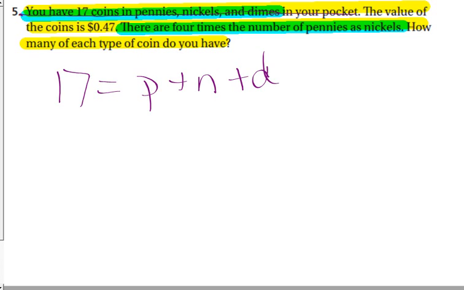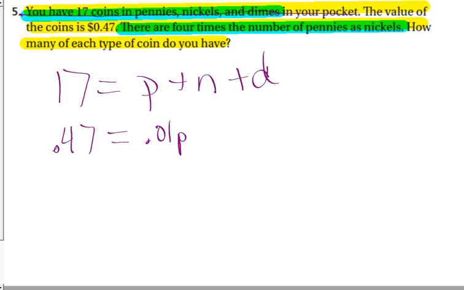It says the value of the coins is 47 cents. So we know 0.47 is equal to what? The number of pennies and their value. So they're worth a penny, 1 cent each. So 0.01 times the number of pennies.